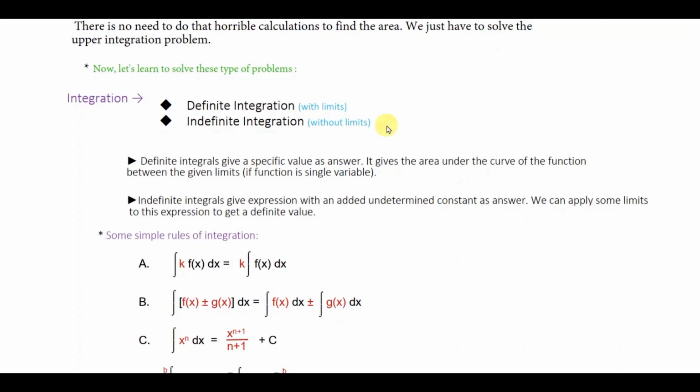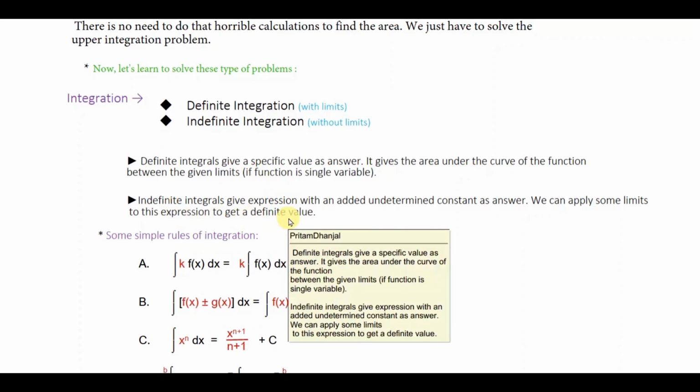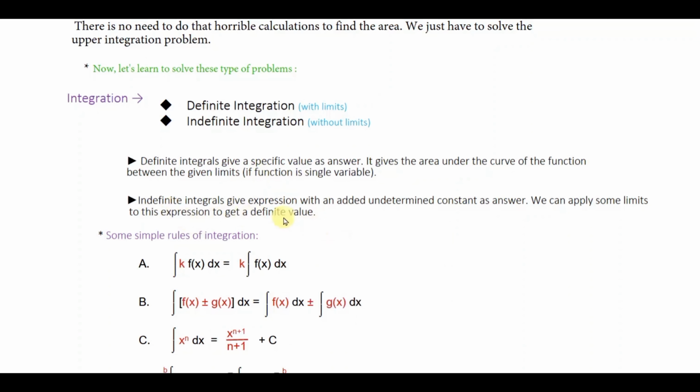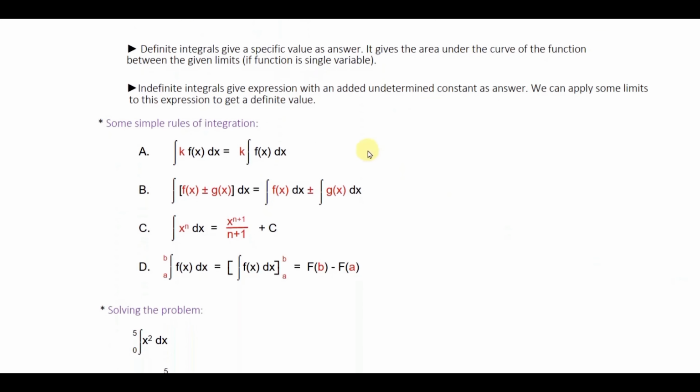It gives us the absolute area under the curve of the function for the given limits. Indefinite integrals do not give us a specific value. It gives us an expression plus an undeterminable constant as an answer. We can apply some limits to that indefinite integral and get a specific value, as obtained in the definite integral.